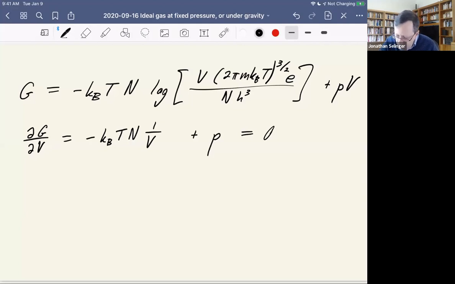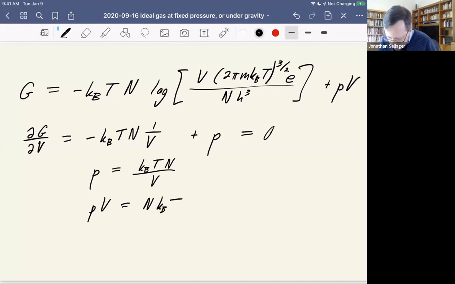Luckily, that is not too hard. What we get is that the pressure is kTN over V. So PV equals NkT, or equivalently, the volume is NkT over pressure.